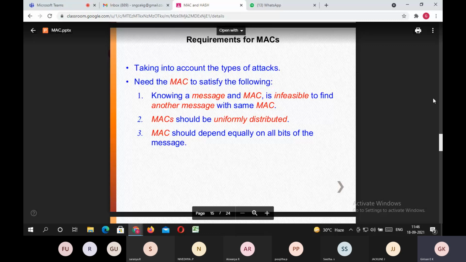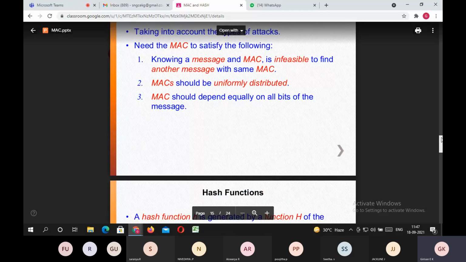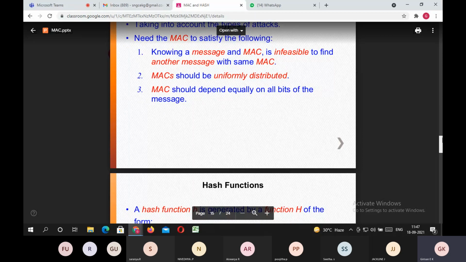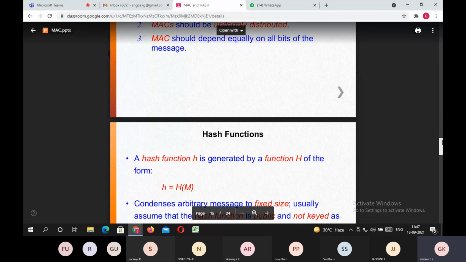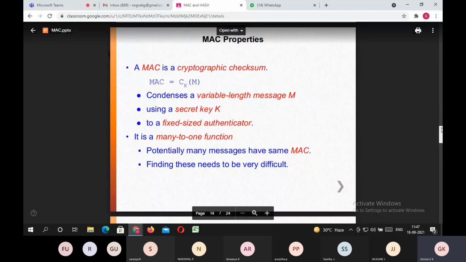The second is that MACs should be uniformly distributed. If you don't distribute like that, the recipient may reject the message. The third is that the MAC should depend equally on all bits of the message. We should not leave out even one block of the original message. These are the three requirements for the MAC.